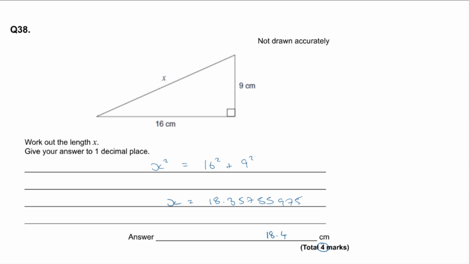So if you've written the full calculator display down and then you round it off wrong, you're still going to get 3 marks out of 4. If you didn't write the full answer down, you might not get all those three marks. You might not get many. You might just get a mark for writing this bit down. So just make sure that if you're not very good at rounding, if you often get it wrong, maybe you write the full display down before you write your final answer.